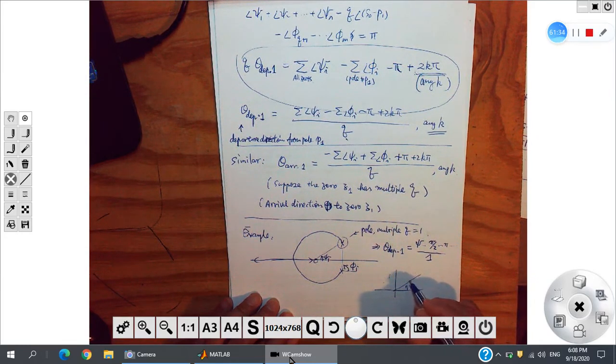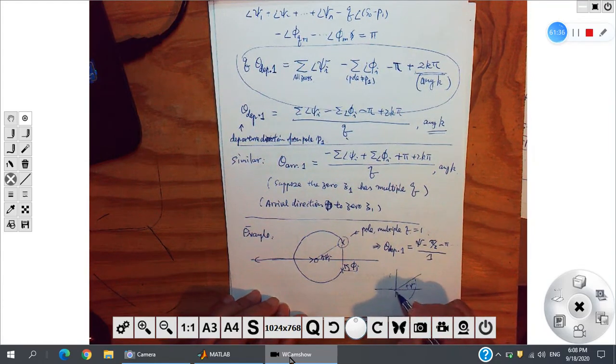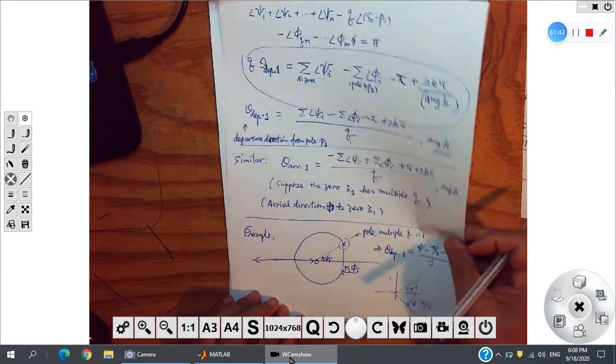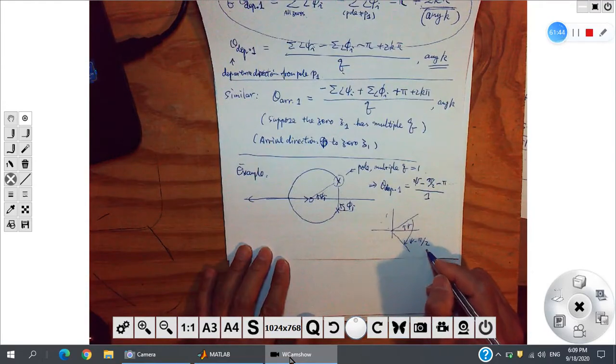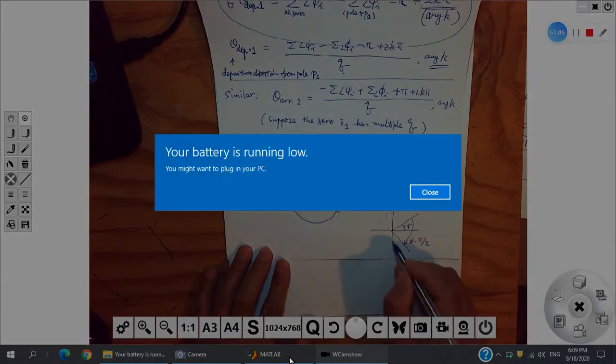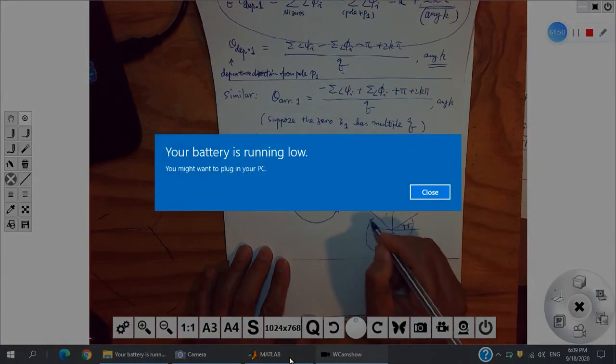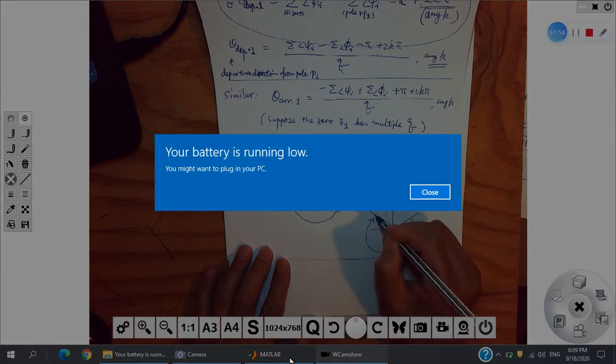And minus, this is phi minus pi over 2. Okay, minus pi over 2. And then another pi, always go to here. The minus more pi, right? So here this is phi minus pi over 2 and minus more pi.